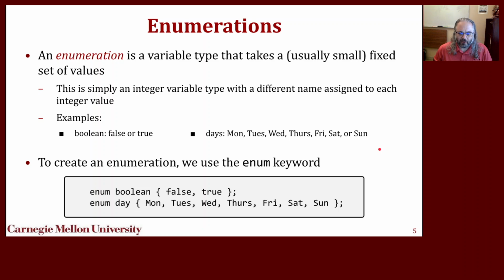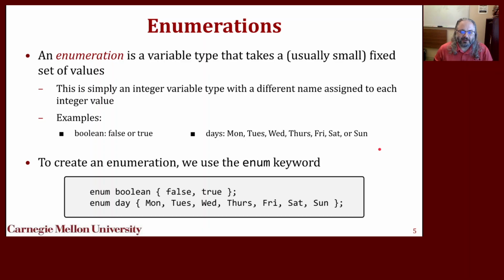Recall, C already has different integer types for storing variables with different ranges, the smallest of which is an 8-bit value, which means it can store 256 different values. What if we want to create a variable with 2 different values or 10 different values? We can actually do that with an enumeration.